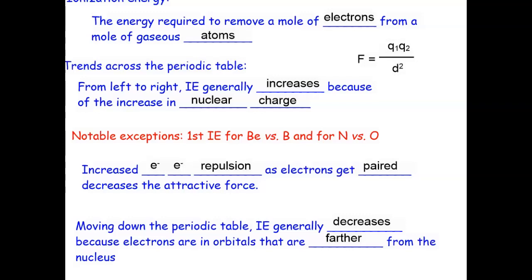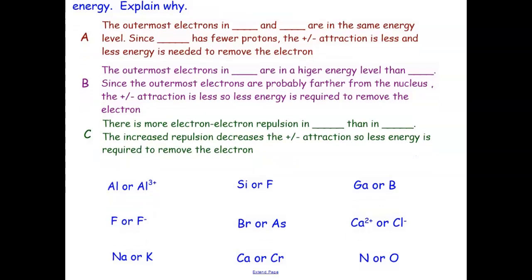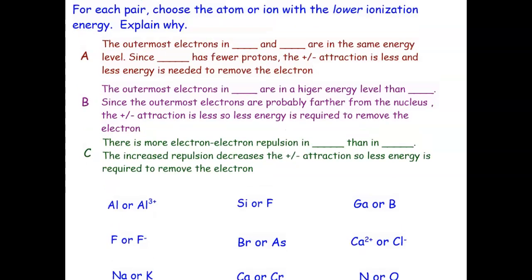So let's take a look at the next slide. And here we have 9 different pairs, and you're going to decide the one that has the lower ionization energy, and you're either going to tell me it's because the outermost electrons are in the same energy level and the one with lower ionization energy has fewer protons, or the outermost electrons in the one with lower ionization energy are in a higher energy level, so they're further from the nucleus, or the one with lower ionization energy has more electron-electron repulsion.